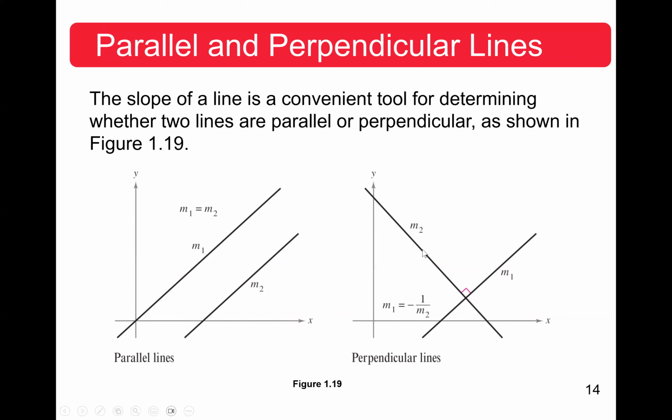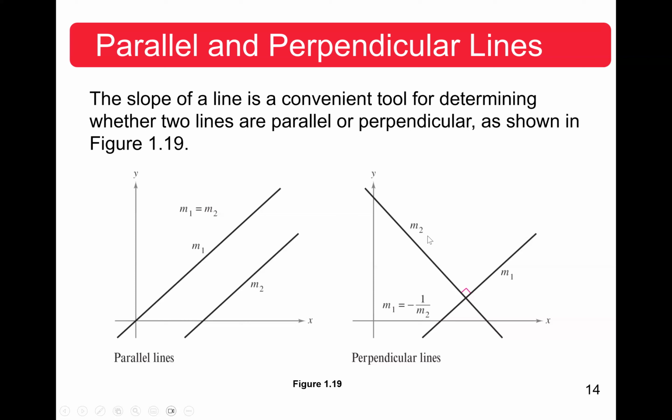If 2 lines are perpendicular, it means the second slope will be the reciprocal and negative of the first slope. Let's say the first slope is m1, then the second slope will be negative 1 over m1. So m1 equal to negative 1 over m2, and the same thing, m2 equal to negative 1 over m1.